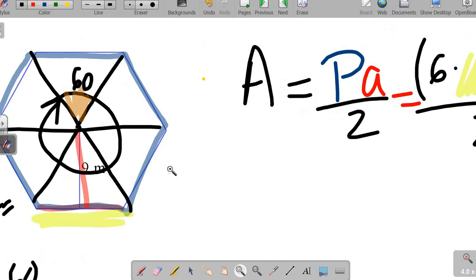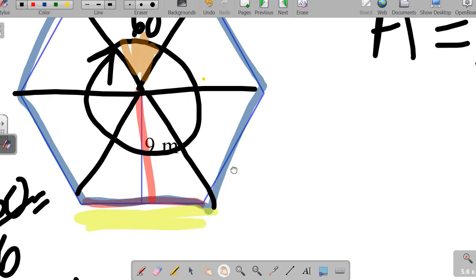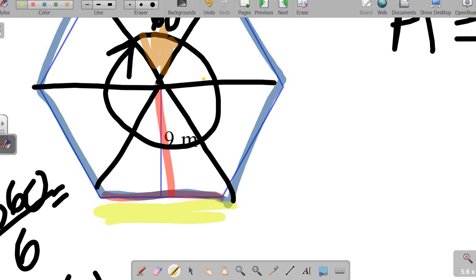If you look very, very carefully, that means this triangle right here in blue, that's going to be 30, 60, 90. 30, 60, 90. Short leg, root 3, short leg times 2.